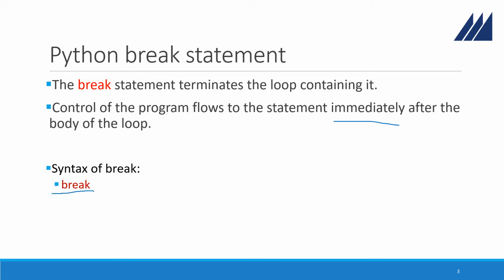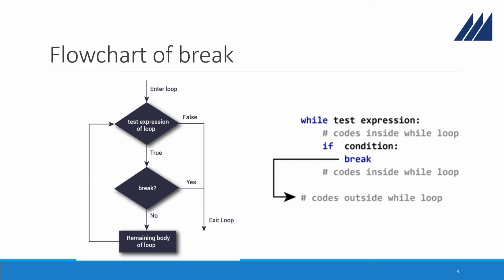Let's take a look at this flowchart. In this flowchart, what we did before with the while loop, we have the while loop over here. We start from the program, we get to the while loop. If it's true, you will execute a block of statements. One of the statements inside it is going to be, for example, an if statement that will check for a specific expression or condition.